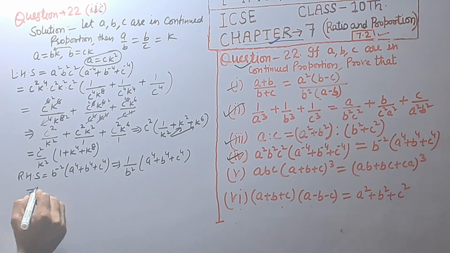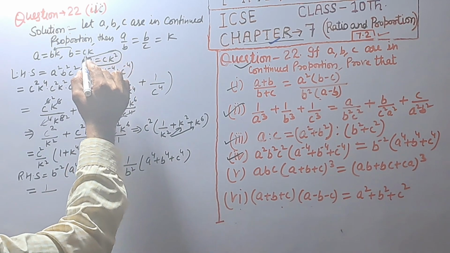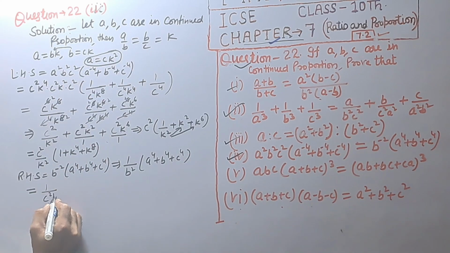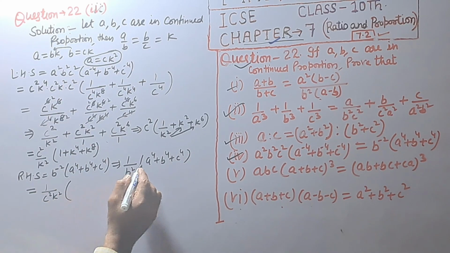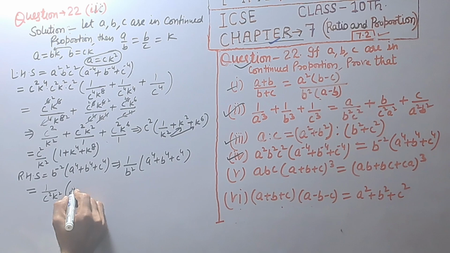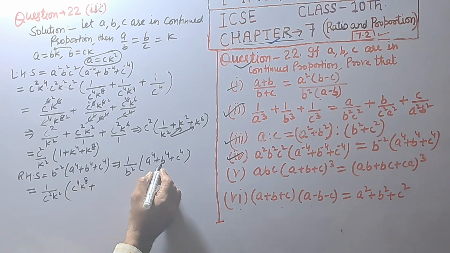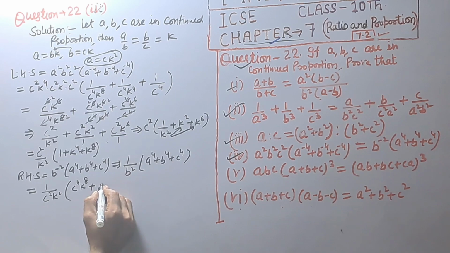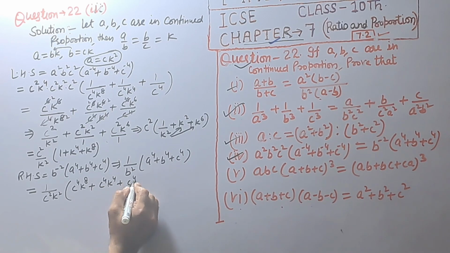That is equal to 1 upon b square, which is c raised to power 2 k raised to power 2, and a4 is c raised to power 4 k raised to power 8, plus b4 is c4 k4, plus c raised to power 4.